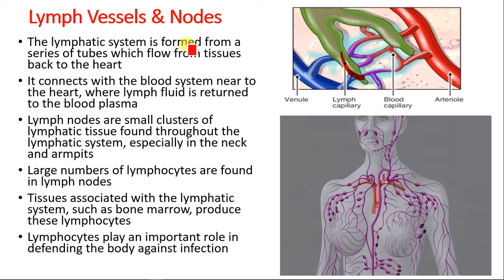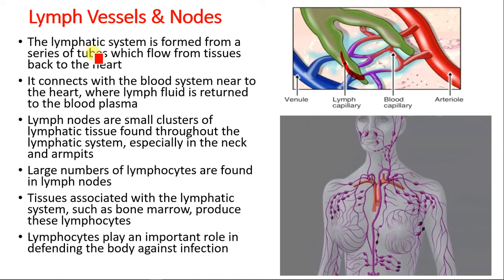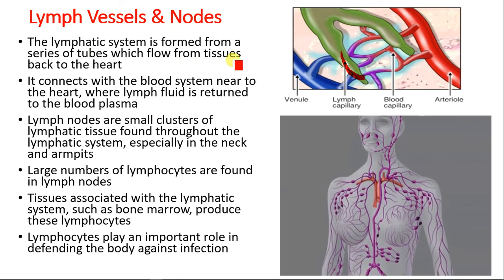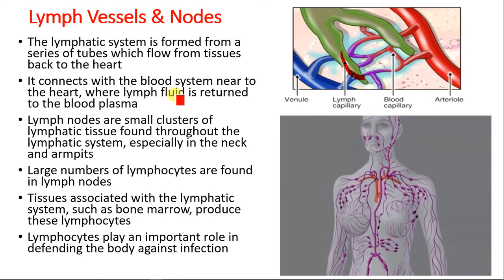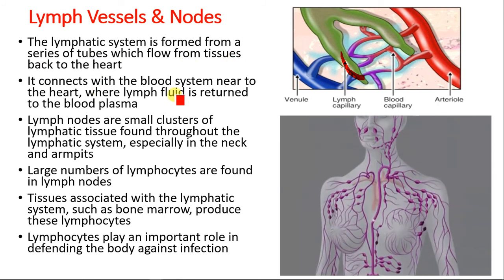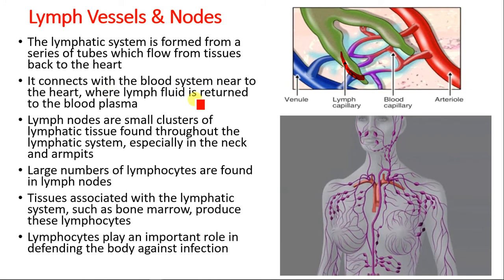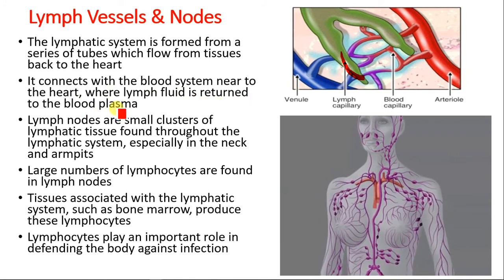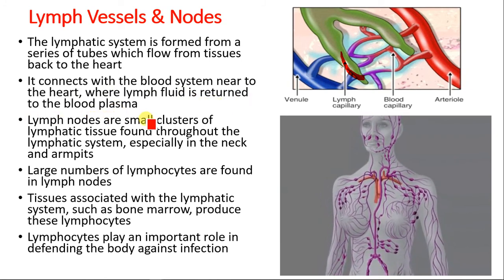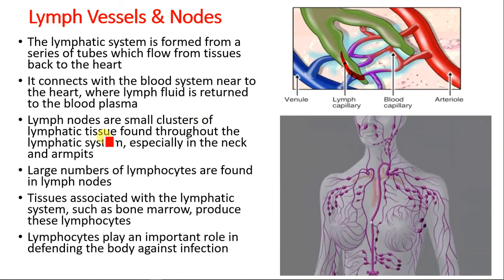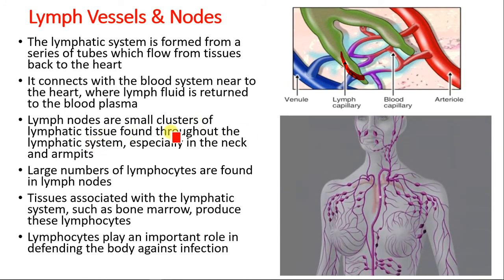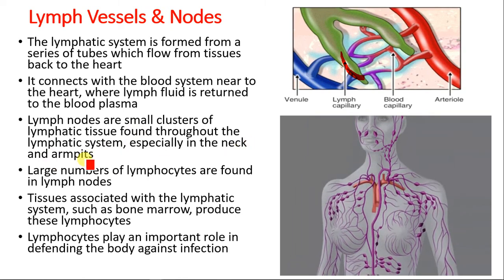Now, the lymphatic system is formed from a series of tubes which flow from the tissues back to the heart. It connects with the blood vessels near to the heart, where the lymph fluid is returned to the blood plasma. The lymph nodes are small clusters of lymphatic tissue found throughout the lymphatic system, especially in the neck and the armpit region.